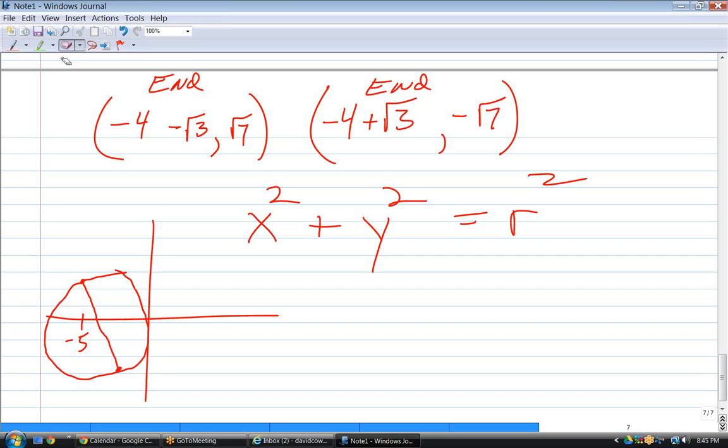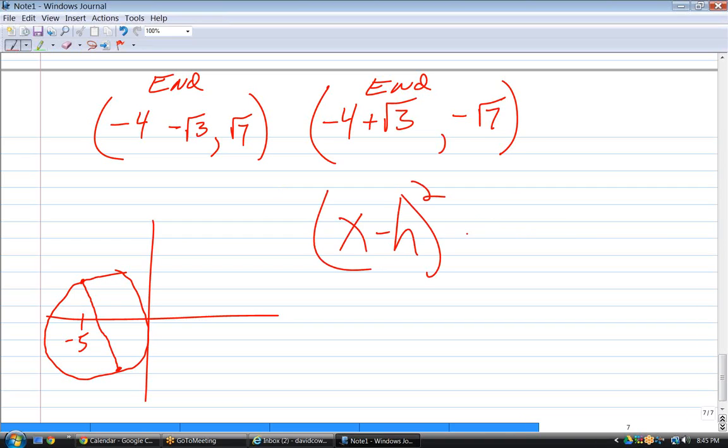which means for the equation of the circle, we have to go to the general equation of a circle, which is the following: x minus h squared plus y minus k squared equals the radius squared. Well, thinking for a moment.